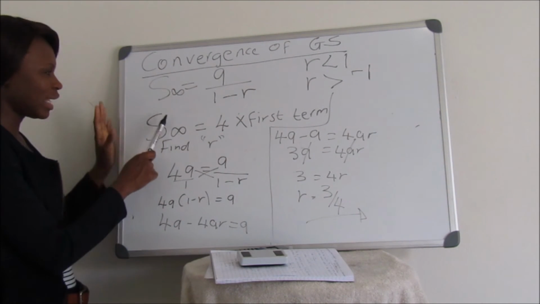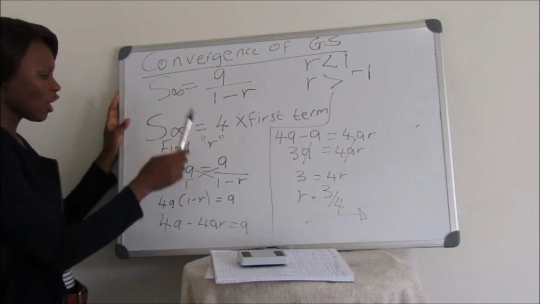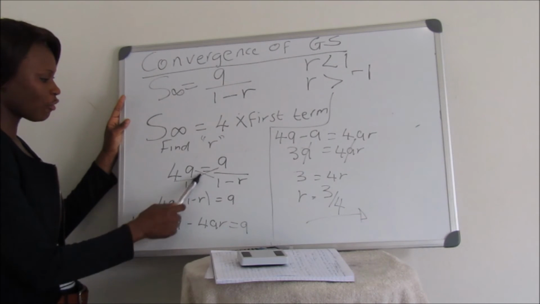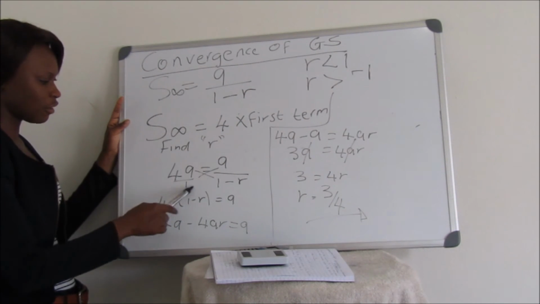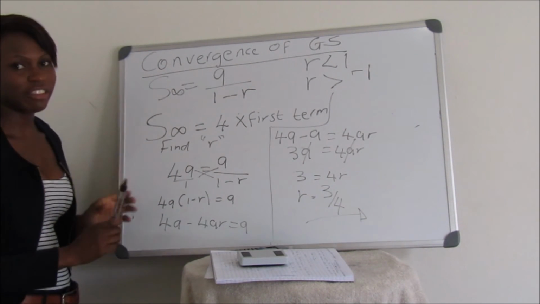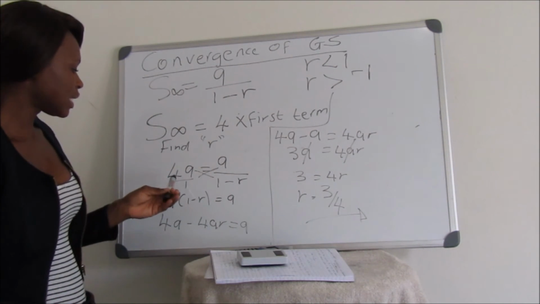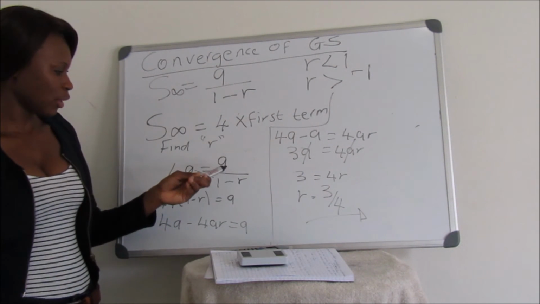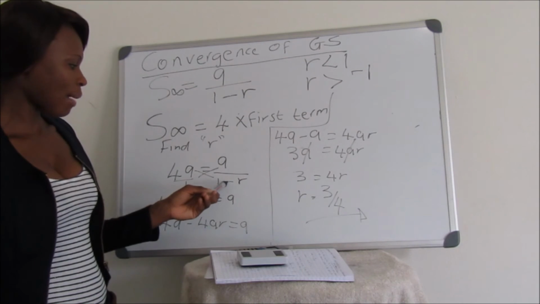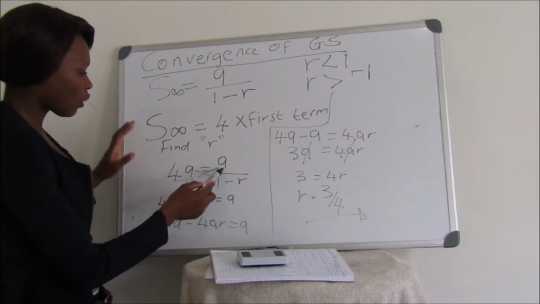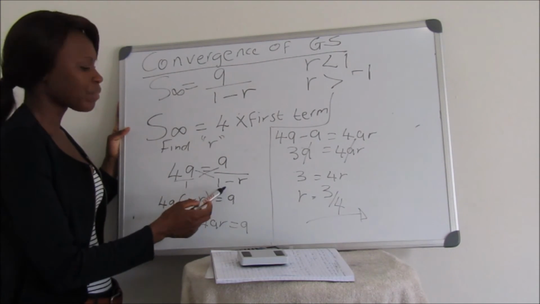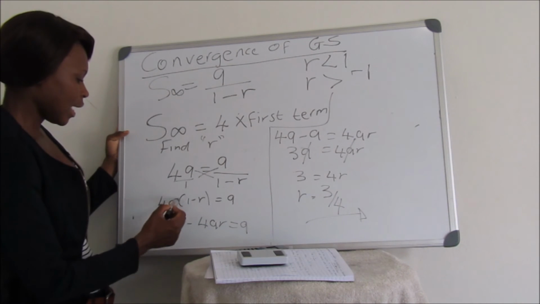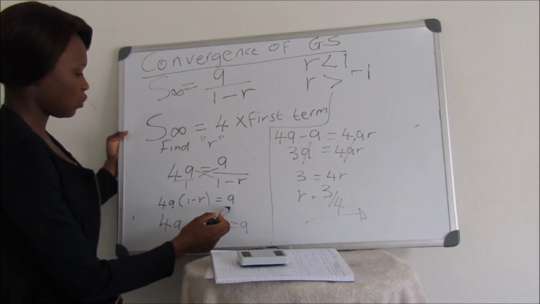Instead of the sum of infinity, we substitute 4 multiplied by the value of the first term. We don't have the value of the first term, so we say 4A equals A divided by 1 minus R. Then we do a cross multiplication to find 4A into 1 minus R is equal to A.